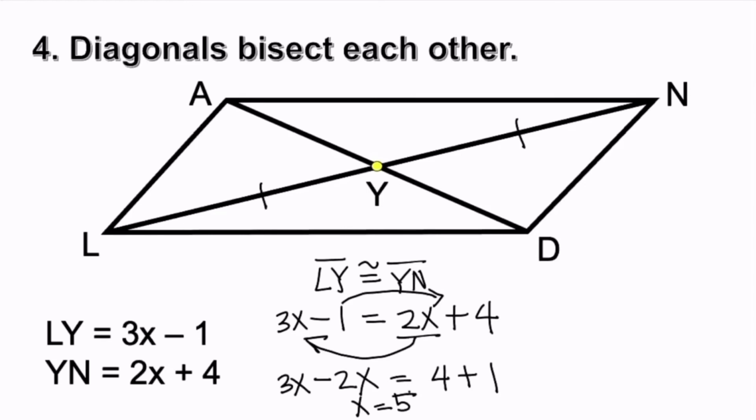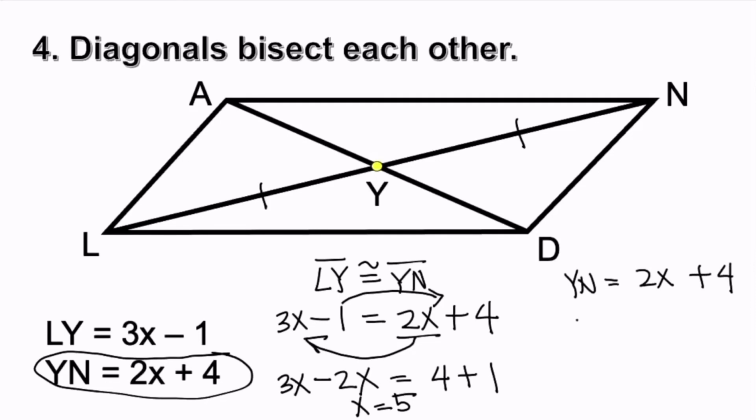Kung gusto nating makuha ang measure ng segment YN, babalik tayo sa given. Sulat natin, YN equals 2x plus 4. Isa-substitute ngayon natin ang na-compute na value ng x, which is 5.